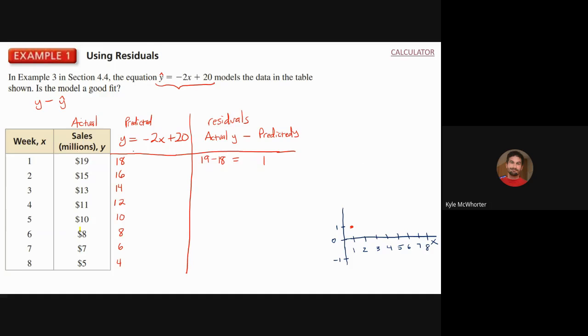Okay, when x was 2, our residual is 15 minus 16, which is negative 1. So when x was 2, our residual was negative 1.